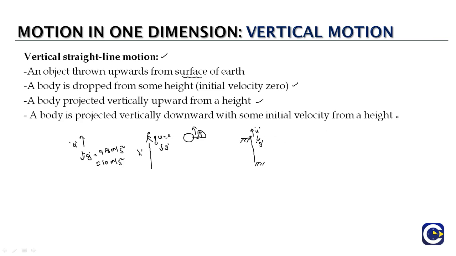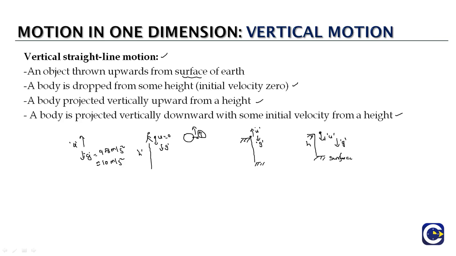And the fourth case is an object projected vertically downwards with some initial velocity from a height. So we look at a particular height, and the surface. We are looking at a case where we throw the body with an initial velocity u downwards, and here the acceleration due to gravity is also downwards.